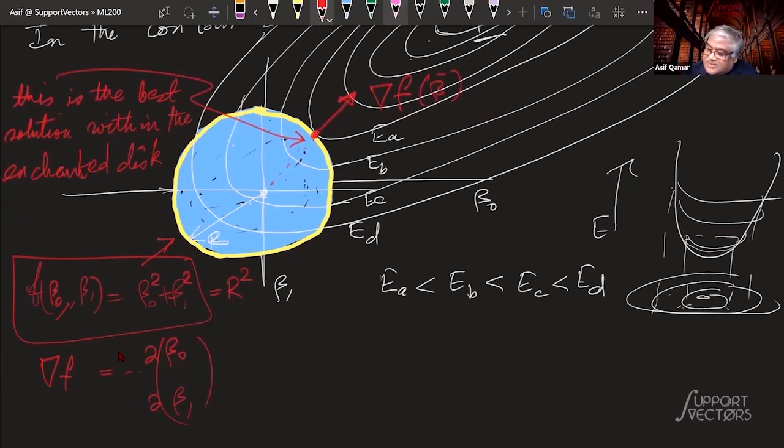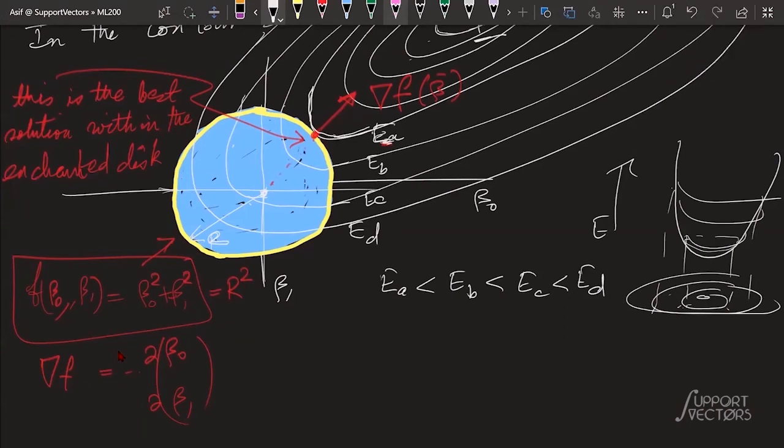Now, what about this error surface? You see that the error surface EA, let me go to the white color now. This error surface is a contour line of the error surface, right? Where would the gradient at that point be, which is the direction of maximum increase of error? In the opposite direction, isn't it?